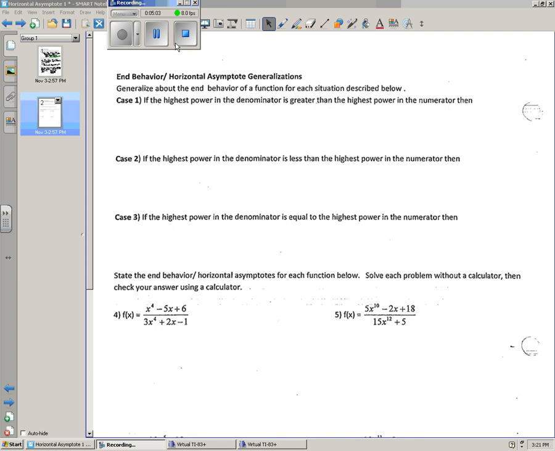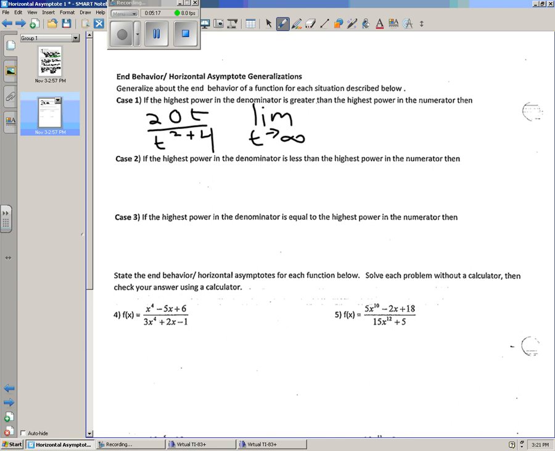So we had 20t over t squared plus 4. So now we're interested in what's happening in the long run when the t values are really, really big. So what's going to matter the most in the denominator is t squared. Because if you put in numbers like 1,000,000 for t, 1,000,000 squared is so much bigger than the 4. The 4 doesn't matter.